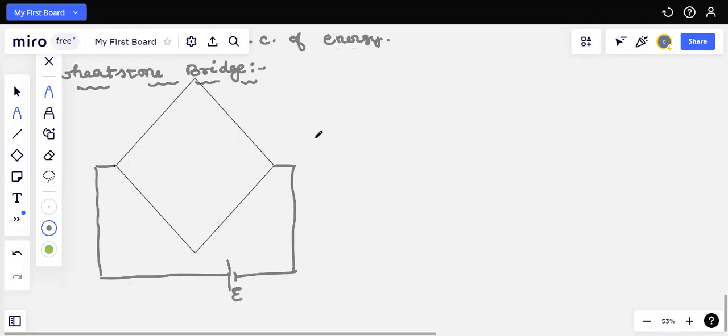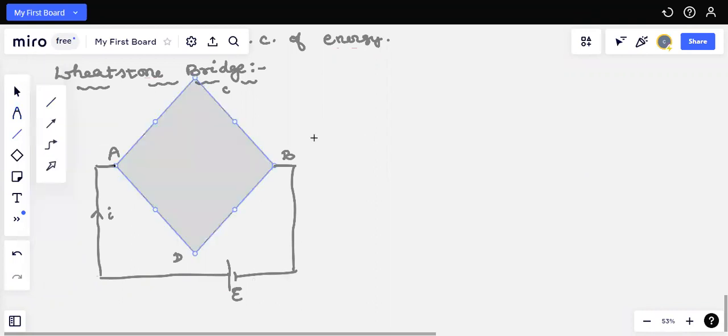Because of that current starts flowing here. That current is I. Naming this one as A, B, as usual, C and D. And we have to take one resistor here.